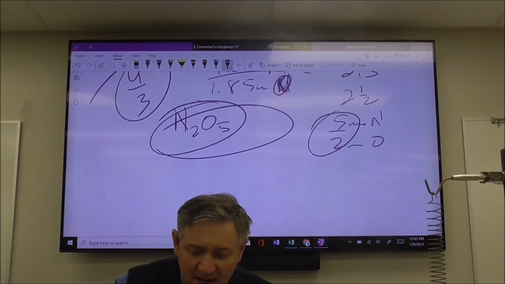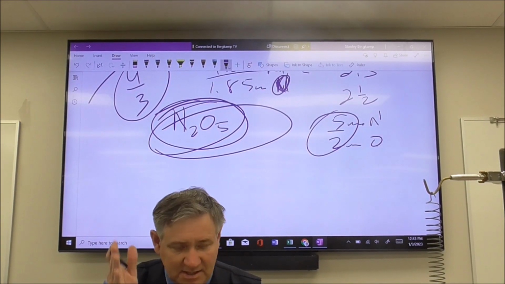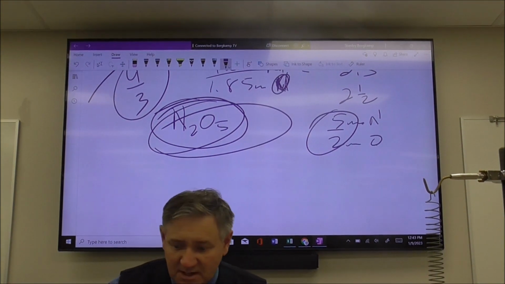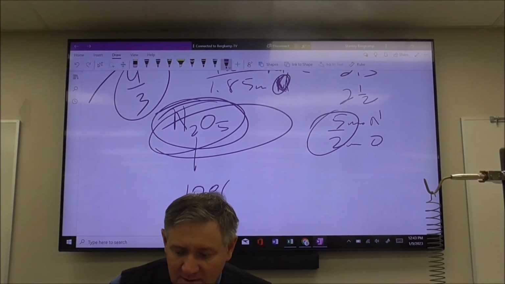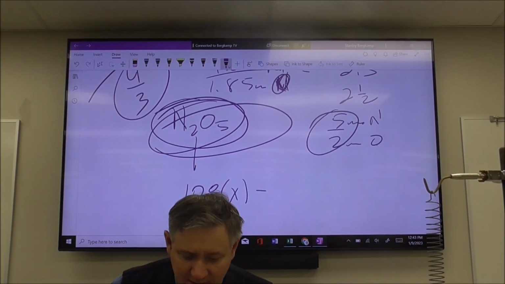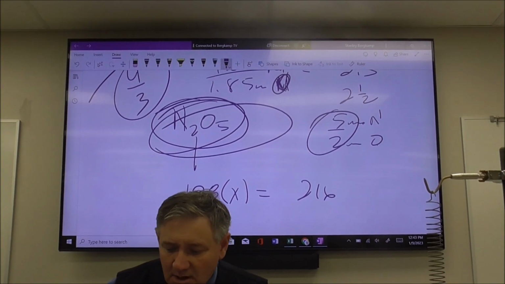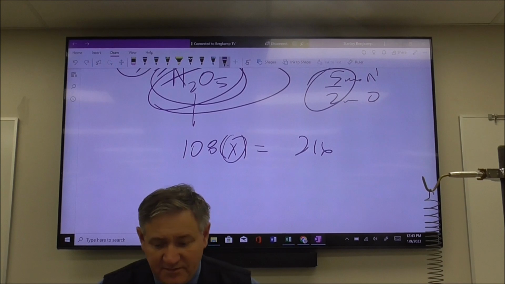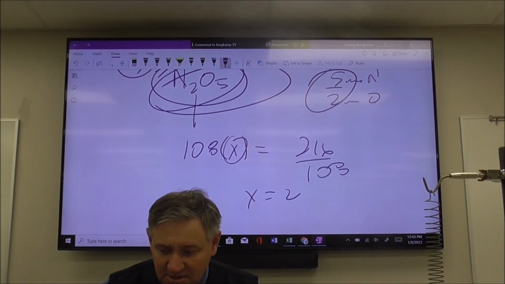So if you find the molar mass of your empirical formula, N2O5, you take 2 times 14 plus 5 times your oxygen, the molar mass of this is 108. So 108 times something is going to equal 216. If you get x by itself, you divide by 108, so x equals 2.